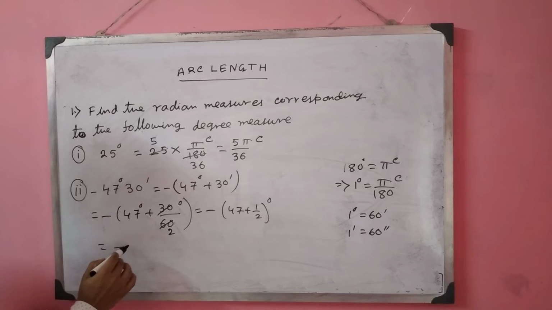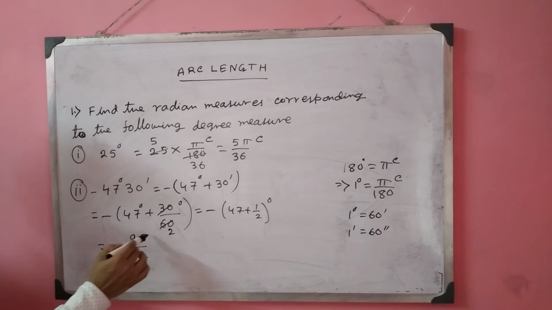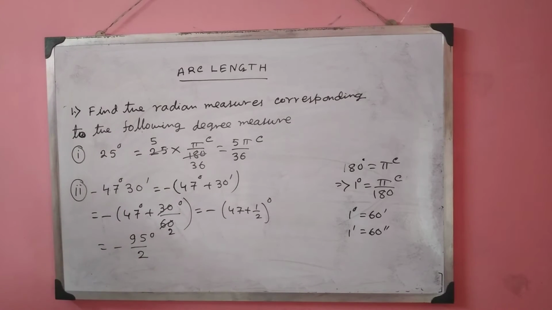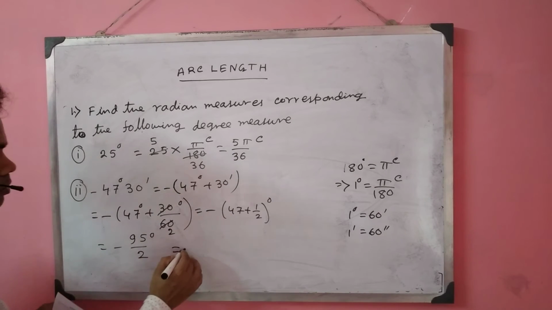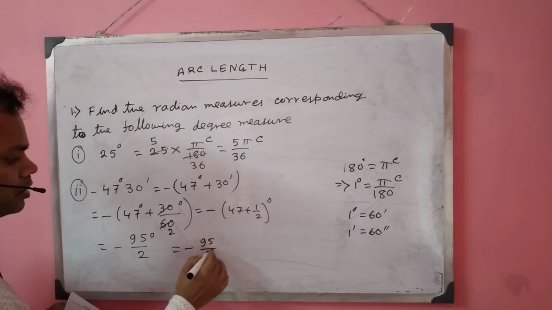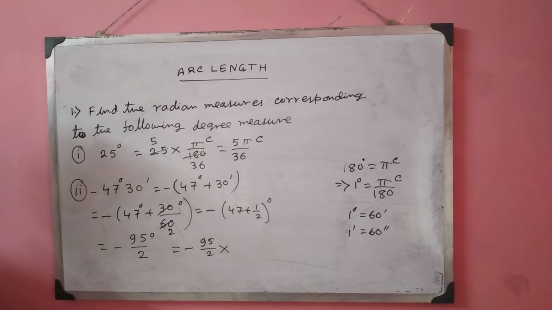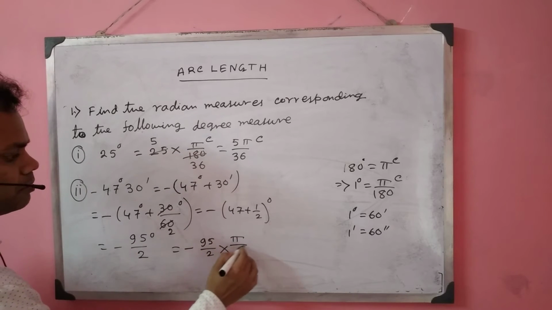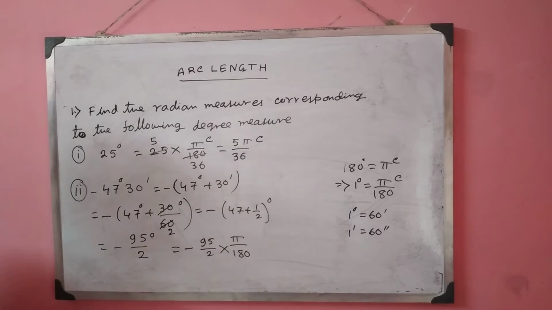This equals minus 95 by 2 degree. So minus 95 by 2 into pi by 180 radian, because 1 degree equals pi by 180.